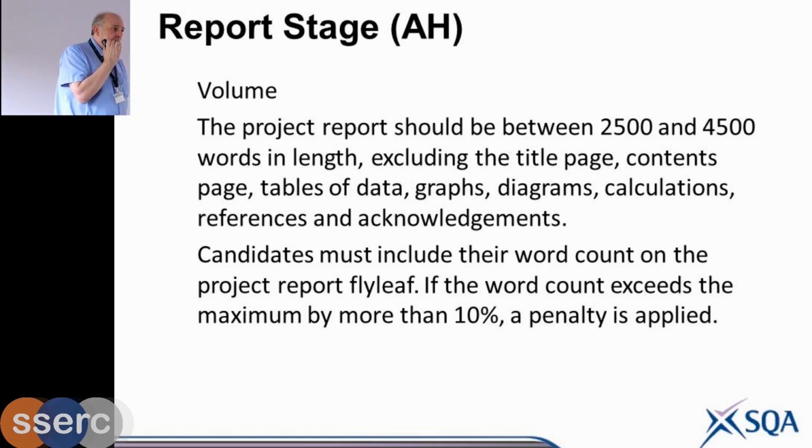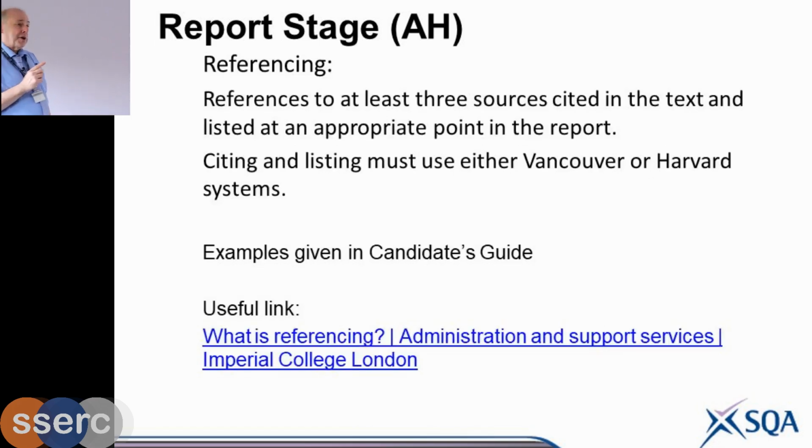Actually, we saw a bit of an improvement this year in referencing from before the pandemic. Wondering if some of the bad habits of yore have gone by the way. But referencing is something that quite often they struggle to do. We have a progression for referencing across the levels.